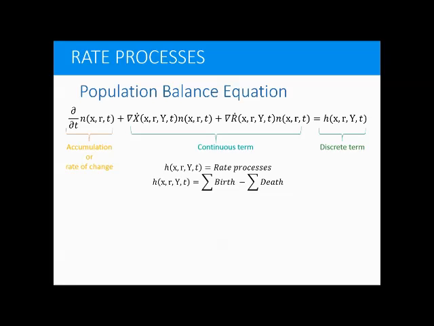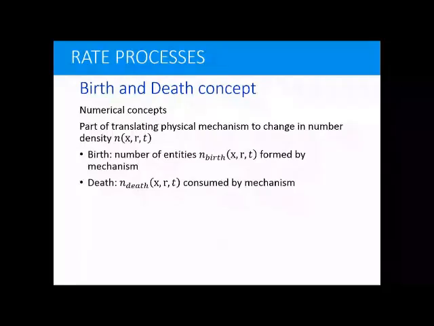We will go further into this in the next slides, because we have to take into account that these are numerical concepts that are simply there to translate our mechanism into PBM language, let's say. It amounts to the change in the distribution, so the change in the number density, so the amount of entities you have for each discretization of the coordinates x, r, and as a function of time.